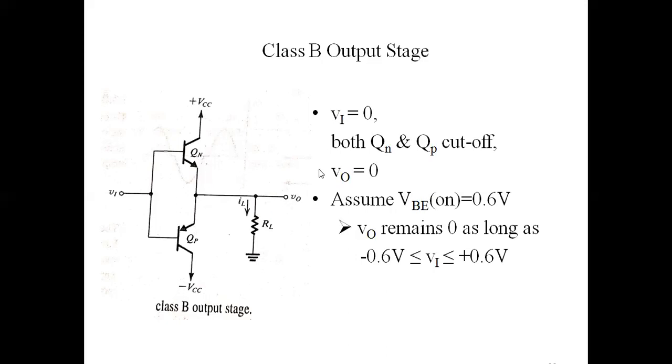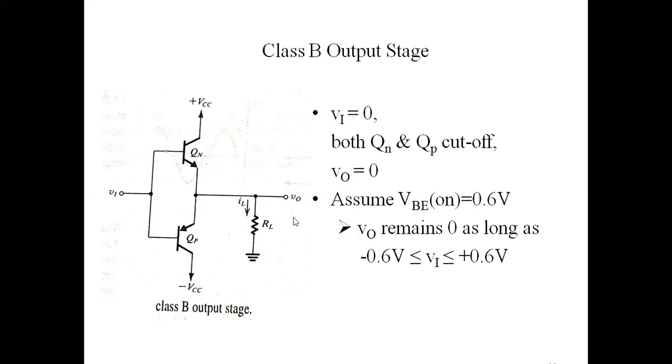The second case: when Vi, the input voltage, goes positive and exceeds say 0.6 volts or 0.5 volts, then Qn conducts and appears as an emitter follower.